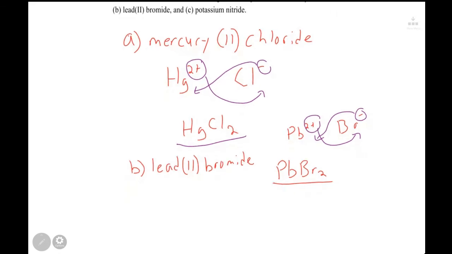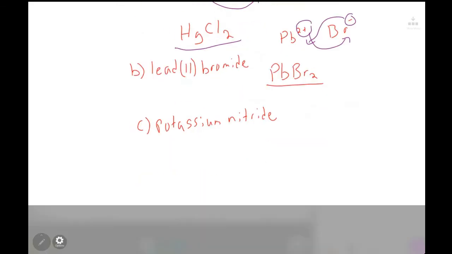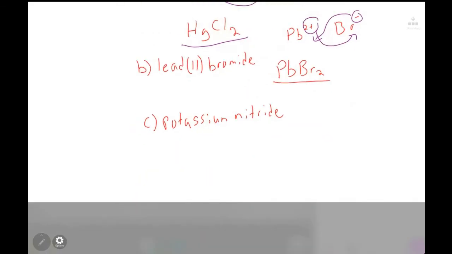Last one. So C, they give us potassium nitride. This time they don't tell us anything about the charges, right?